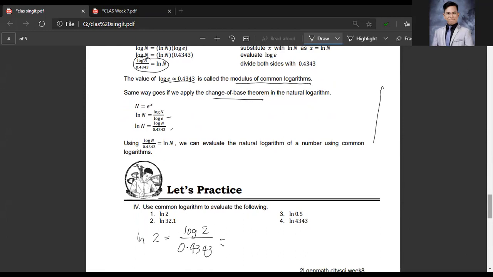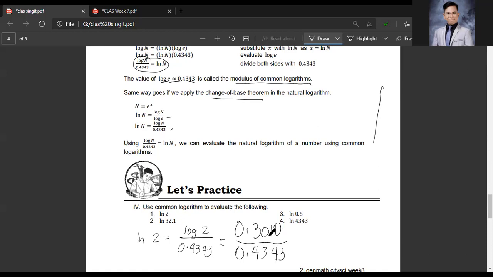So, wait lang. Sige, hanapin natin yung value, ha? So, ln 2 is equal to logarithm of 2 over 0.4343. Sige, i-calculator ko, ha? Di nyo kasi makita yung pagkakalculate ko. Anyway, ang logarithm of 2 is equal to, round off ko na lang, 0.3010 over 0.4343.